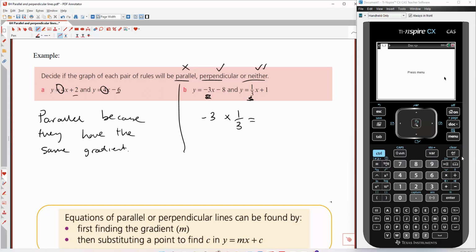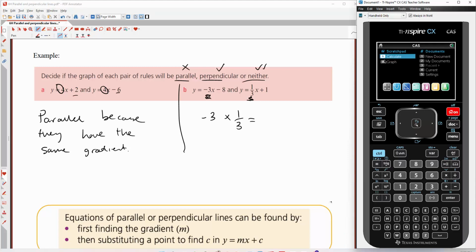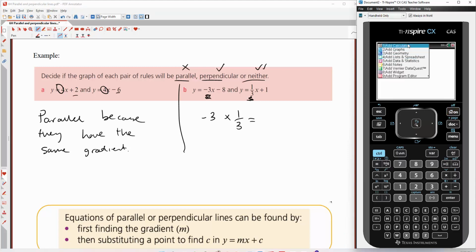Now, feel free to use your calculator on this one as well if you don't want to fumble around with the fractions. So I'll try this one on the calculator. It's negative 3, so I negate 3, and then multiply that by, I'm going to go shift, is it control divide? Yeah, control divide, 1/3, and we hit enter, and we get negative 1 as our answer.